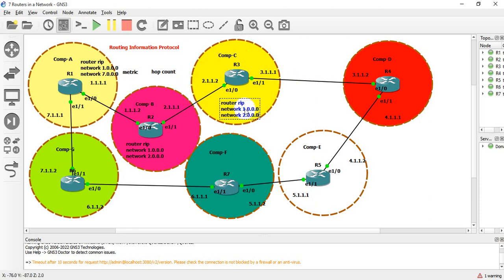So 2 and 3. Okay. If we come to company D, write here router rip, and write the connected networks 3 and 4. So 3 and 4, okay.